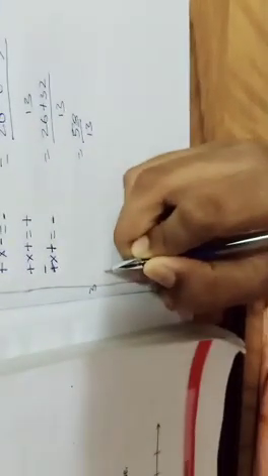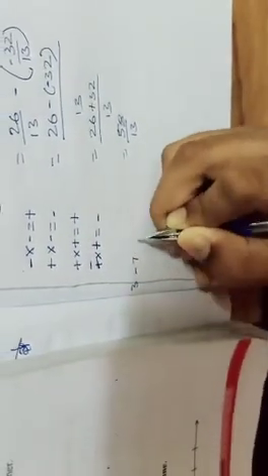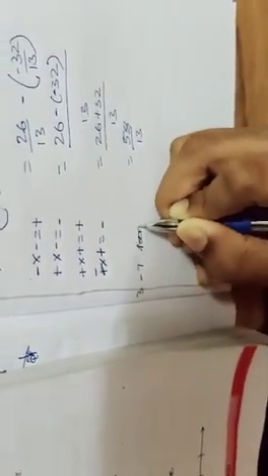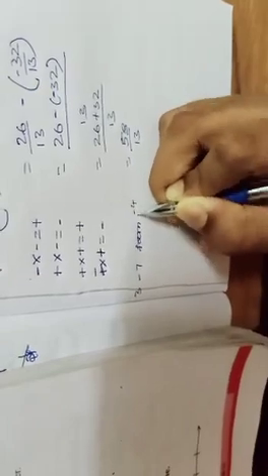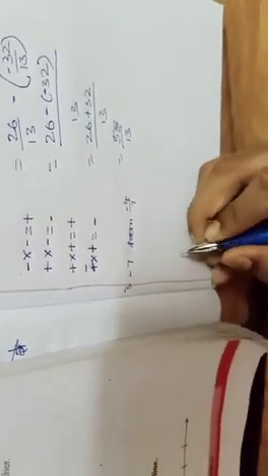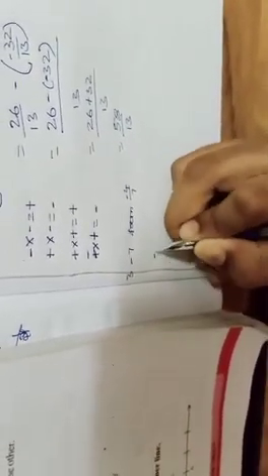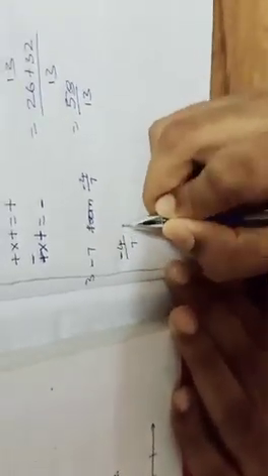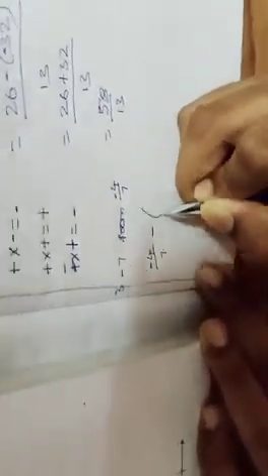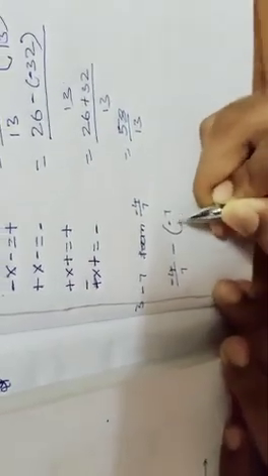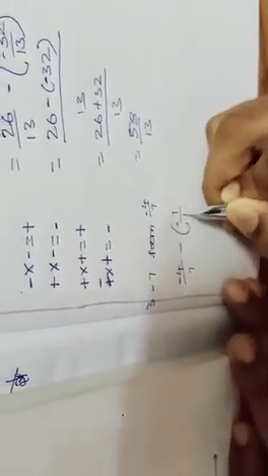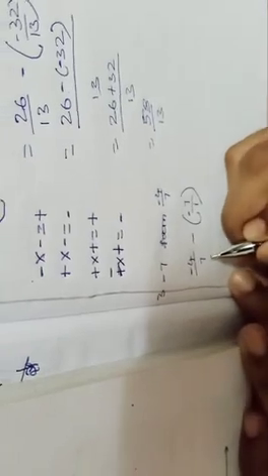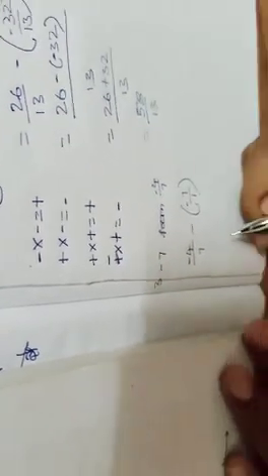The next sum is minus 7 from minus 4 by 7. We have minus of minus 7. We cannot see the denominator, so 1. The LCM of 7 and 1 is equal to 7.